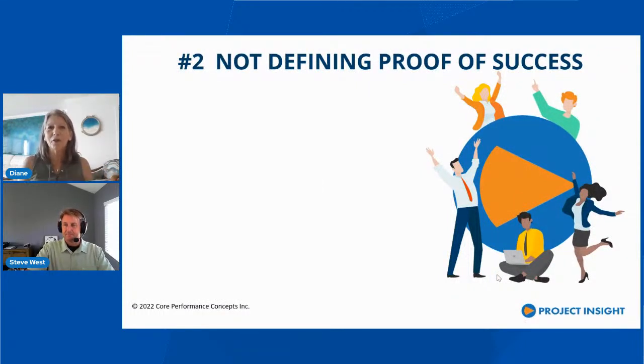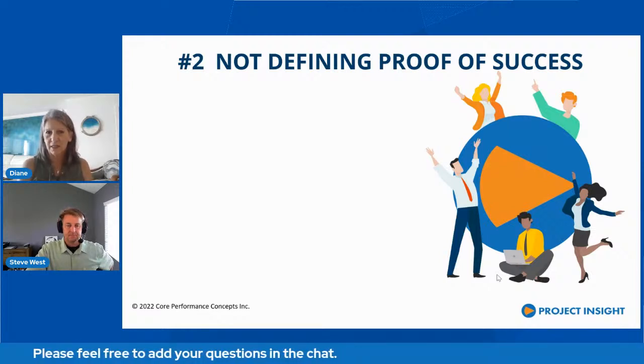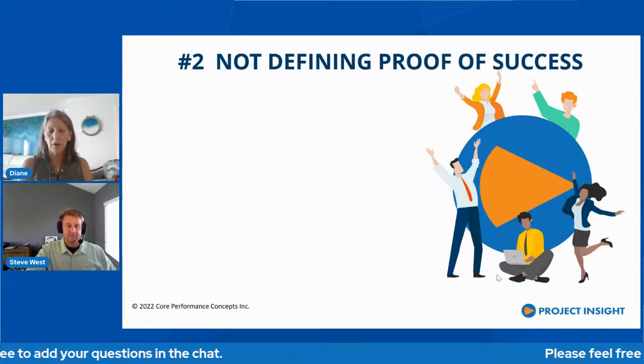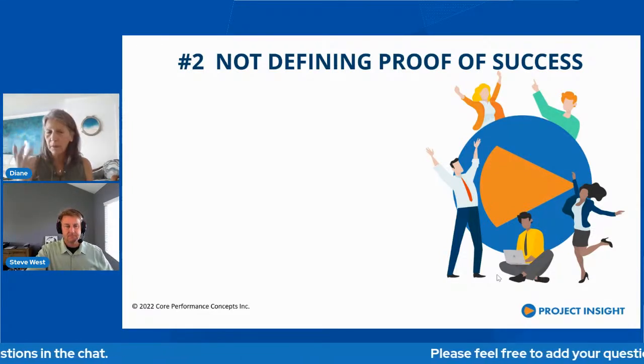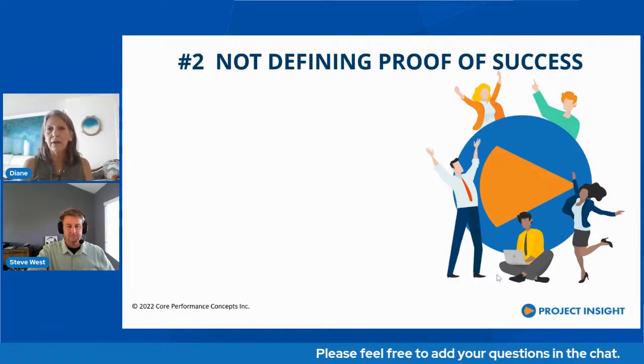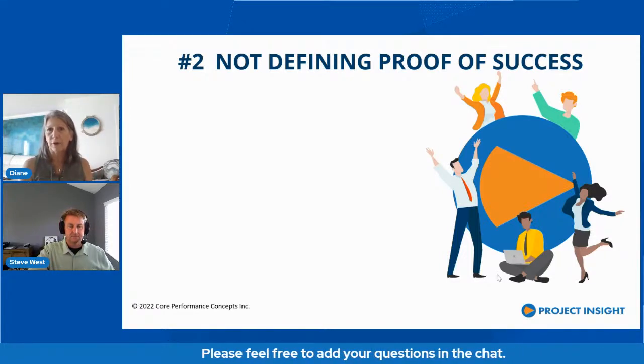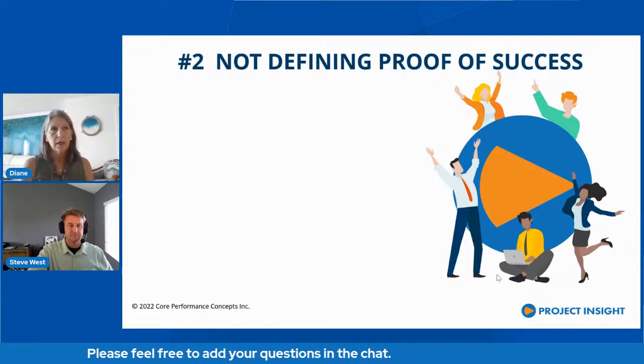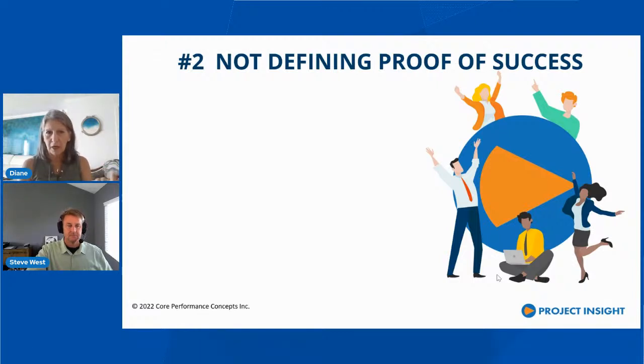One of the other pitfalls is not defining what proof of success is. Let me step back here. Many of us on this call have probably heard of the word SMART objectives. SMART objectives are specific, measurable, achievable, realistic, and timely. They're meant to be yes, no questions.